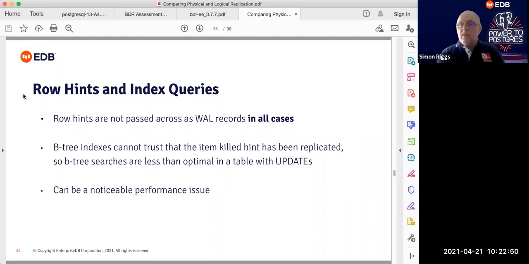And what that means is that B-tree scans against non-unique indexes, or in some cases unique indexes, will cost more on a standby than they did on the origin node. Okay, and in some cases that might be twice as slow, for example. So there is a noticeable performance issue when you run index requests on a standby. It's noticeable. It's not awful. It's just noticeable. Okay.